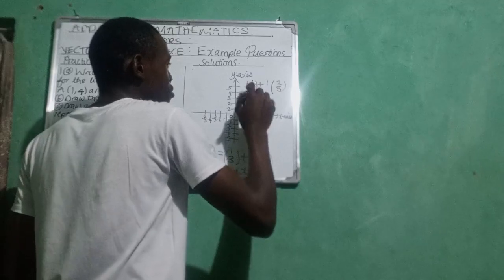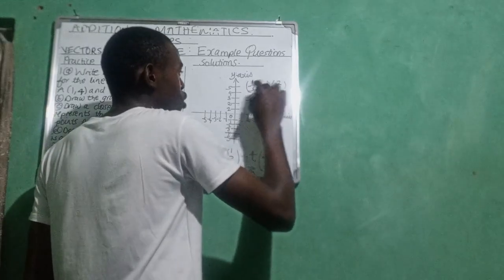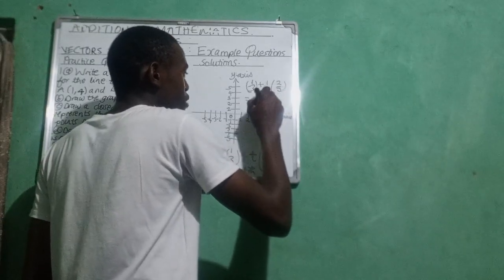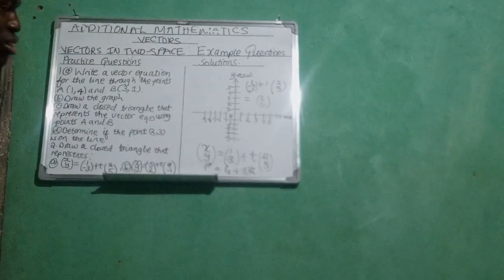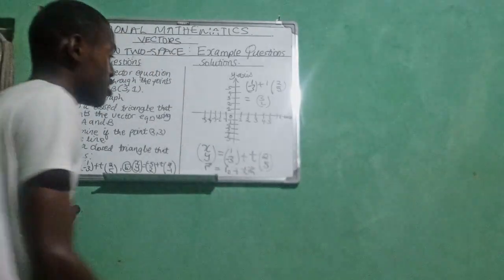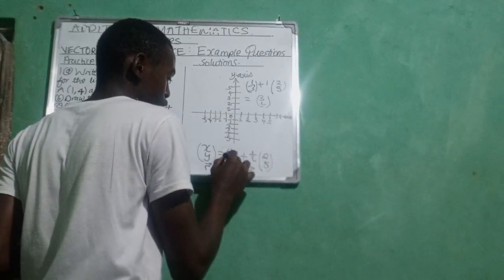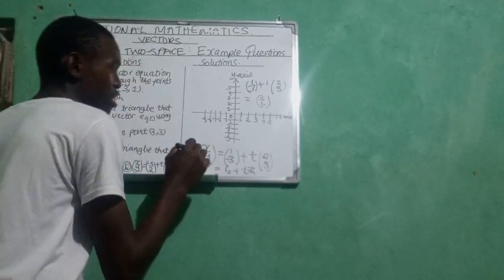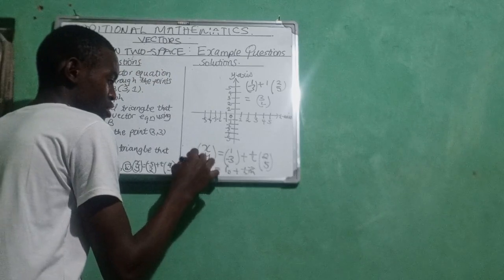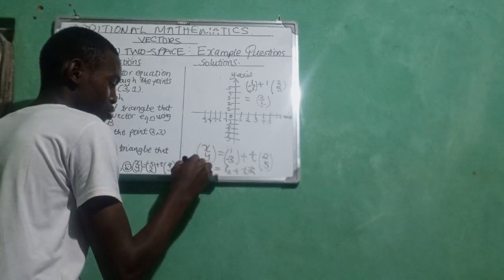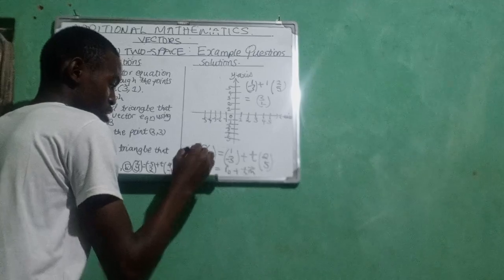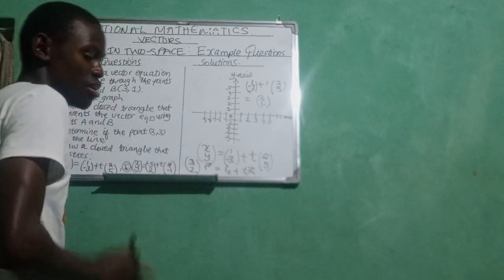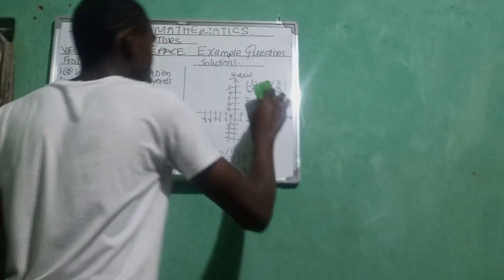If you simplify this, you're going to have 3, and negative 3 plus 5 is 2. So a point on the line is actually (1, negative 3) and then (3, 2). So (3, 2) and (1, negative 3) are our points on the line.